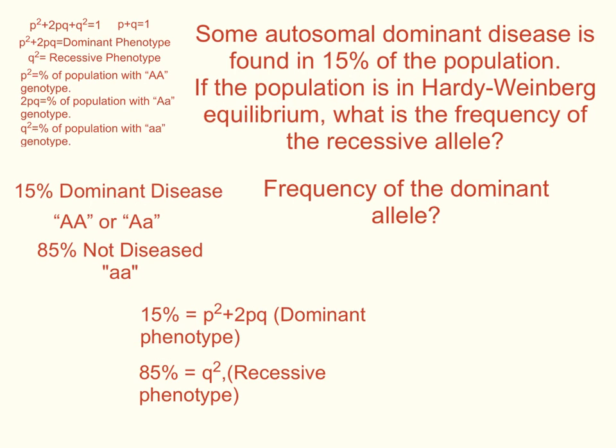We use this equation that I've underlined, P plus Q equals 1. We already know what Q is, so all we need to do is 1 minus Q, or 1 minus 0.92, equals P, and we get the answer of 0.08. It's that simple. We can find the frequency of the dominant allele after already knowing the frequency of the recessive allele. You can do this both ways. If you know one frequency, you can easily figure out the other.